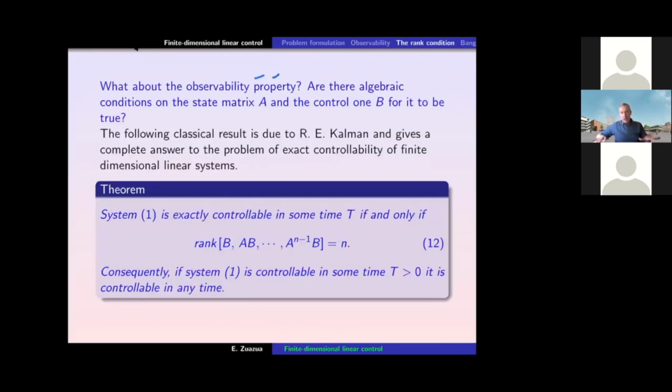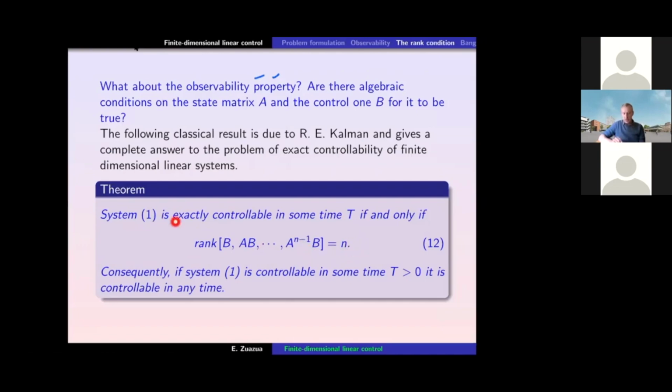And now that we have done all this, it's very easy to understand why the Kalman rank condition is sharp. You remember I told you the other day, eventually, whether a system is controllable or not becomes this purely algebraic condition, whether the rank of B, AB, A squared B up to A^(N-1)B is equal to N, right?